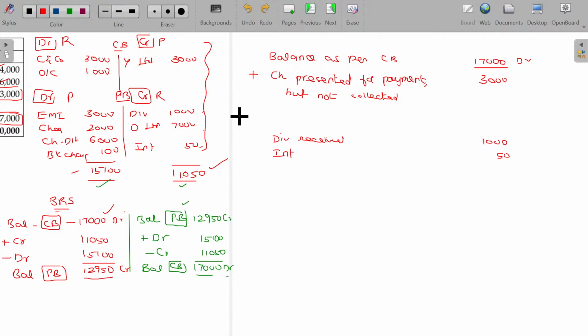So this is nothing but check deposited in bank, but not recorded in cash book. The value being 7,000. 4 items. The total of 4 items is 11,050.